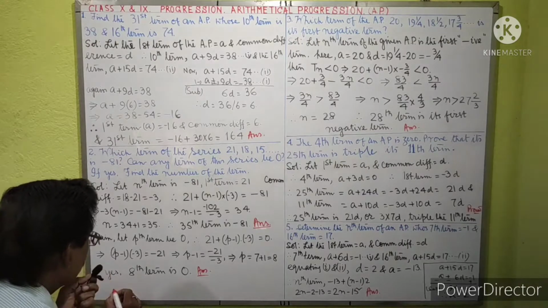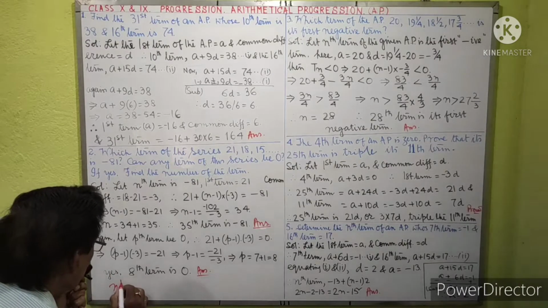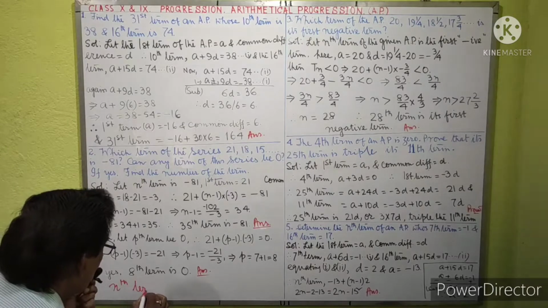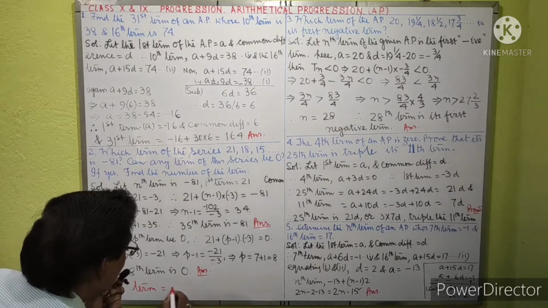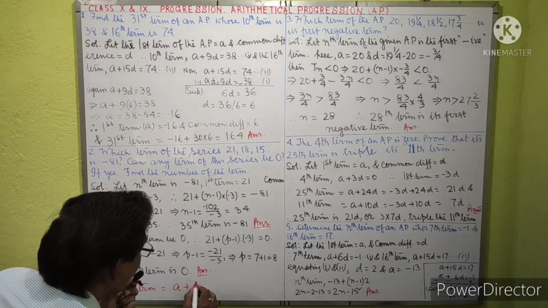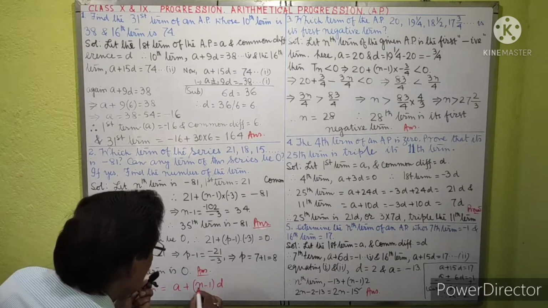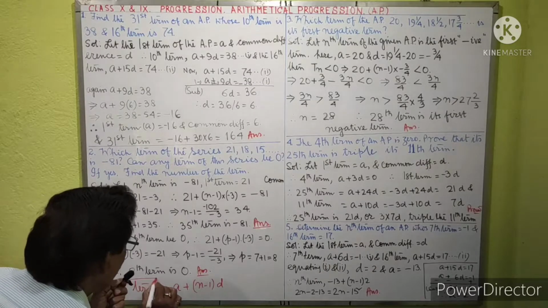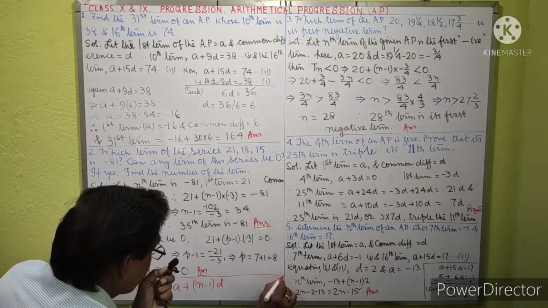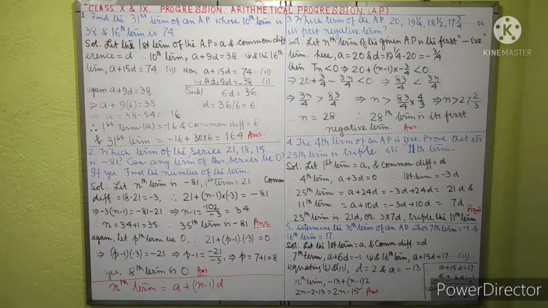You must know that the nth term equals the first term, that is A plus (n minus 1) into d. This is the nth term. With this formula you can find out any term if you know the first term and the common difference.